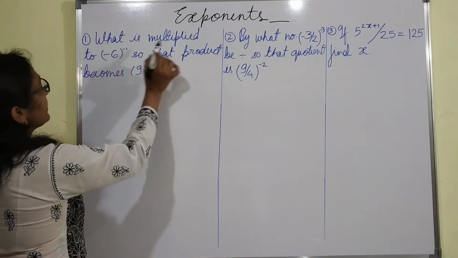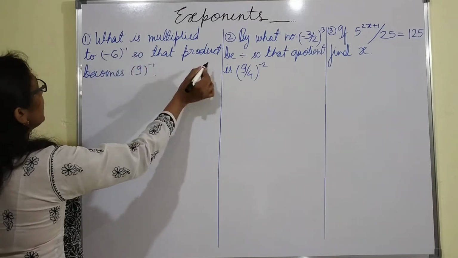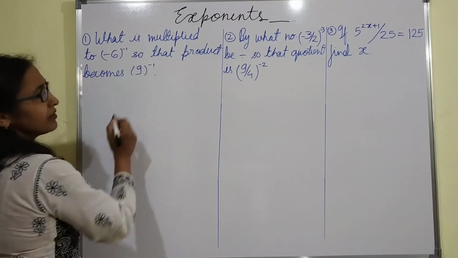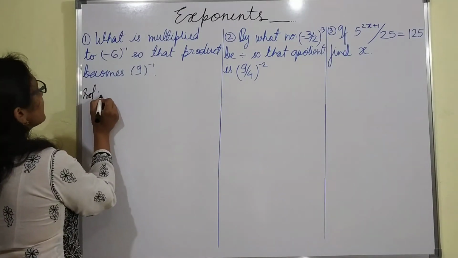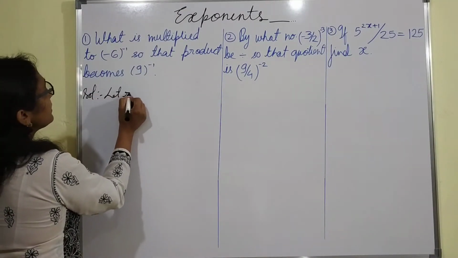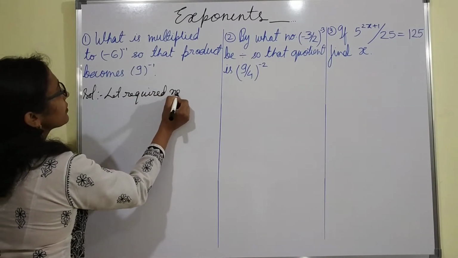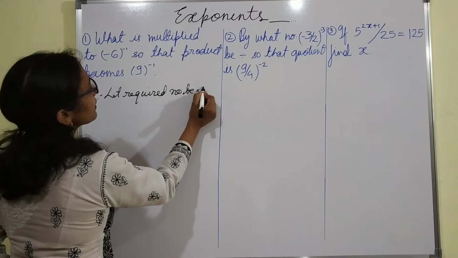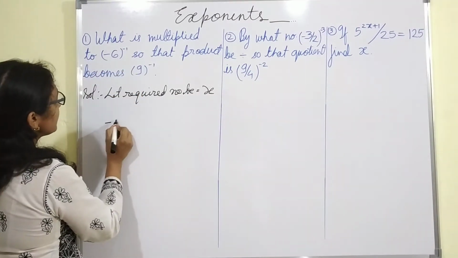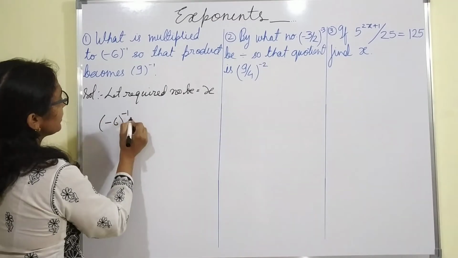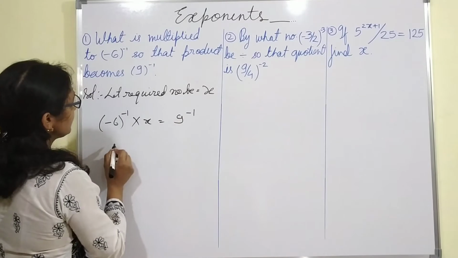First is, what is multiplied to minus 6 power minus 1 so that the product becomes 9 power minus 1. So let the required number be x. Minus 6 power minus 1 into x equals 9 power minus 1.